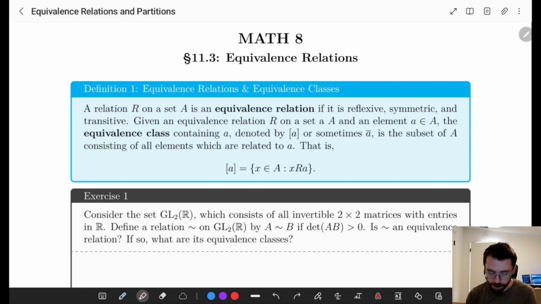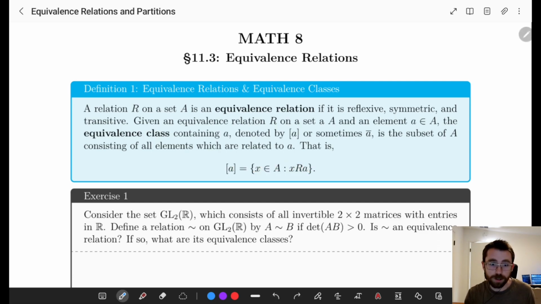Furthermore, you can define what's called an equivalence class for a given element a, if you have an equivalence relation on the set A. The equivalence class of a is going to be just the set of all elements related to a. So I can write that in set builder notation like I highlighted in red right here.